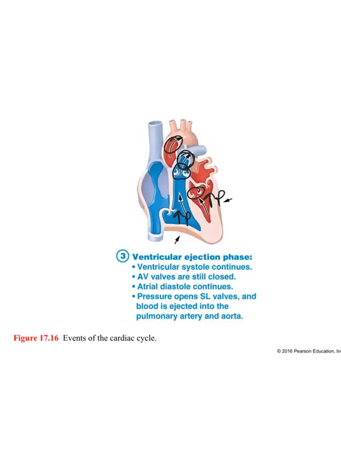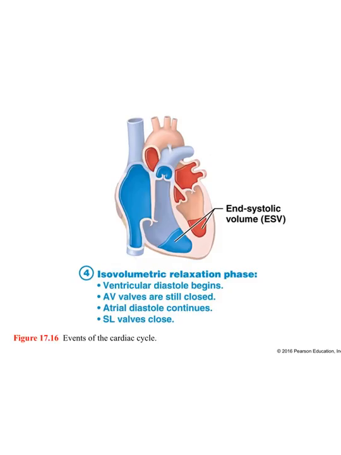So now blood is ejected from each ventricle, from the right ventricle into the pulmonary circuit, and from the left ventricle into the systemic circuit. As blood leaves the ventricles, pressure drops. So as soon as pressure is lower in these ventricles than in the aorta and pulmonary trunk, the semilunar valves close.